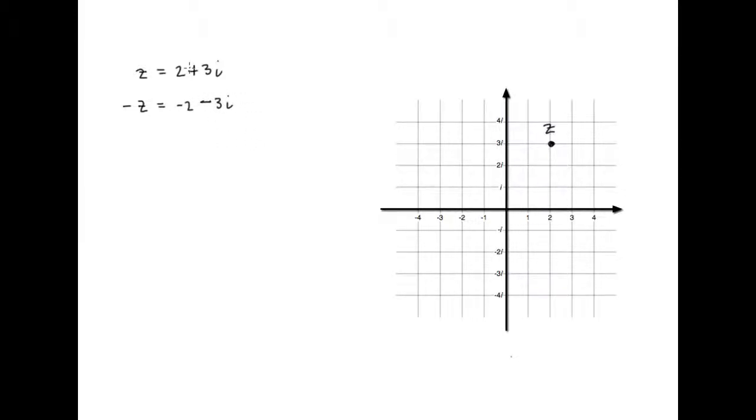It's the complex number that adds to 2 plus 3i to give you 0. It's the additive inverse of z. Where is it in this diagram? There it is. There's the vector associated with that complex number, and there's the vector associated with its negative.